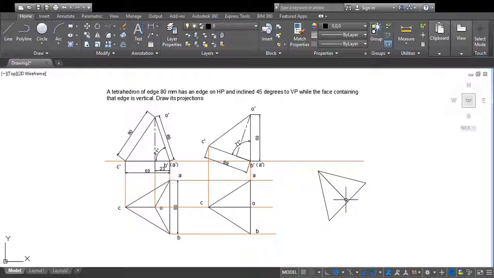So I got 45 degrees line like this. I'm just turning it to 45 degrees. So this is the 45-degree line.